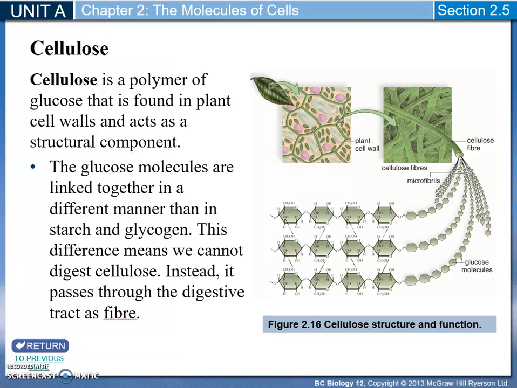And as it turns out, we do not have the digestive enzymes in order to actually break down cellulose. So this is actually what passes through our digestive tract as fiber. And so it's not actually absorbed in the human digestive tract. There are animals that can digest it, but we as humans, we cannot.